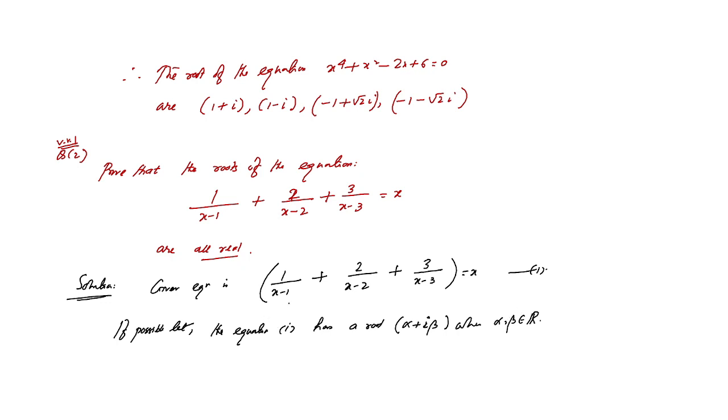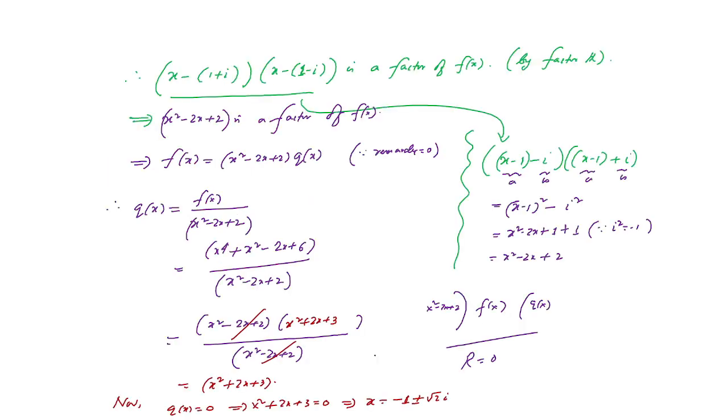Now, if we multiply this equation and produce the expansion, what will we see? We will see that all of its coefficients are real, since the coefficients of equation 1 are all real.